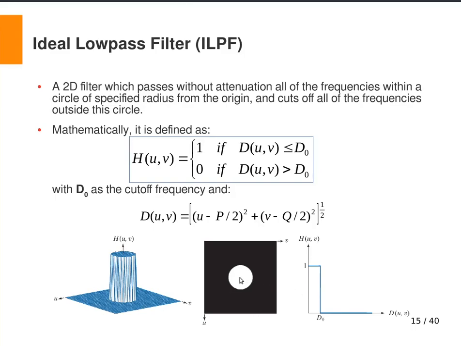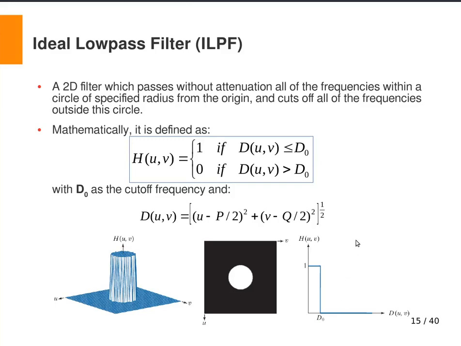Of course, it's shown from the center of the frequency domain to the right. And as you can see, D0 is the cutoff frequency, which basically shows how any frequency less than or greater than this D0 is going to be affected.